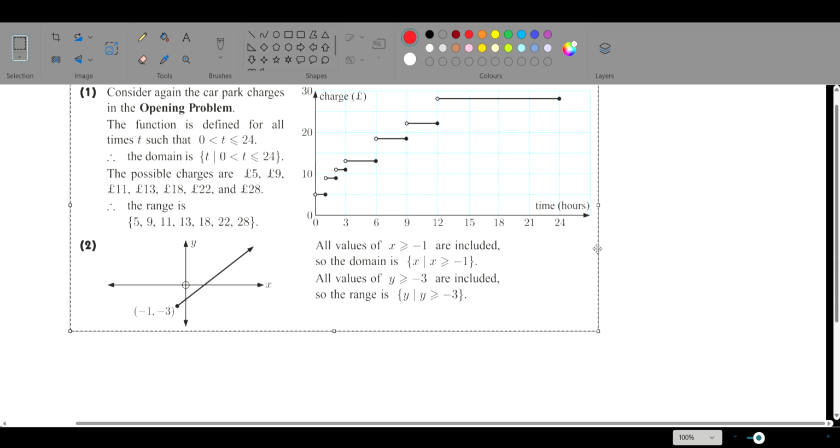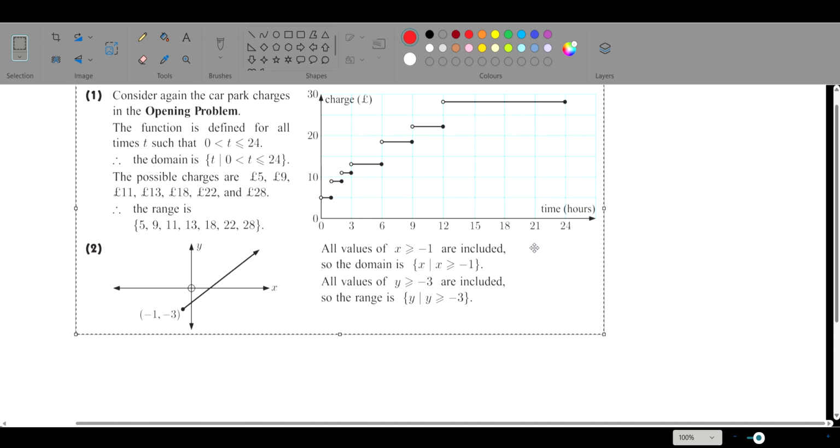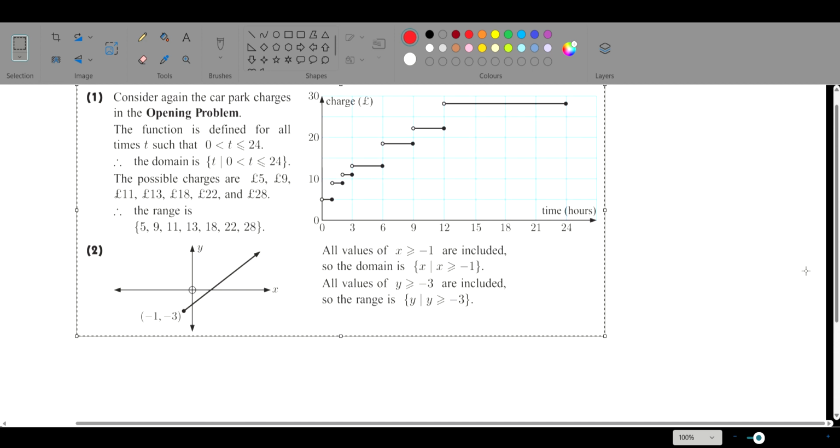For the different graphs, how the domain looks. You see graph number one, this is a graph between time and charges. It could be any situation, let's say the parking charge or the fare charge on riding in a car. But if you see the functions, the lines are very distorted, and it looks tedious to get what it is, right?